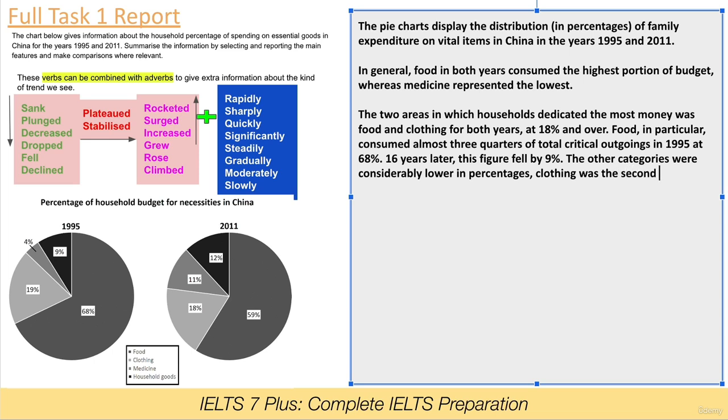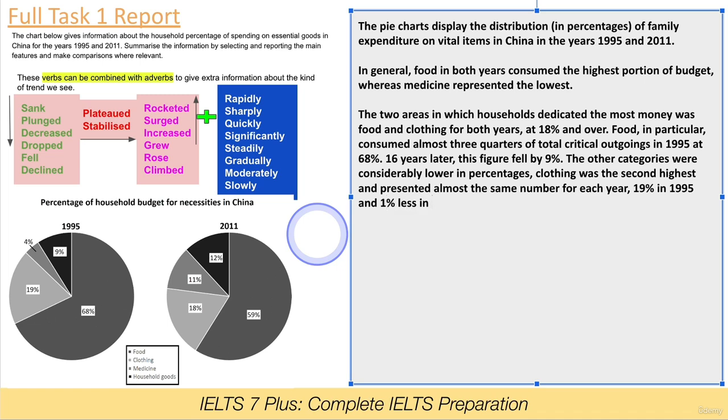Clothing was the second highest and presented almost the same number for each year. 19% in 1995 and 1% less in 2011.